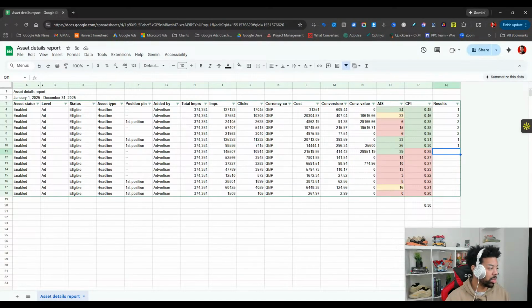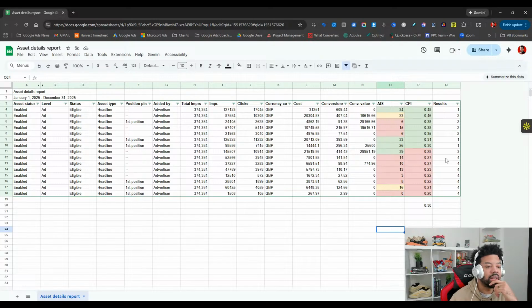So we'll now put that as 3. And then of course these are trash. 4, because they have low visibility and low or below average CPIs.